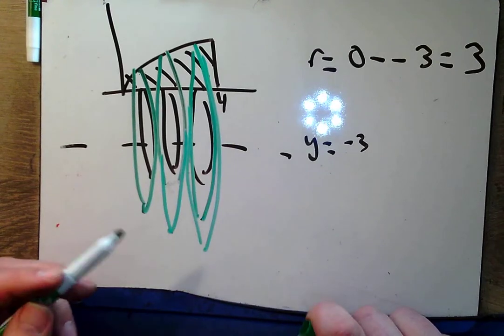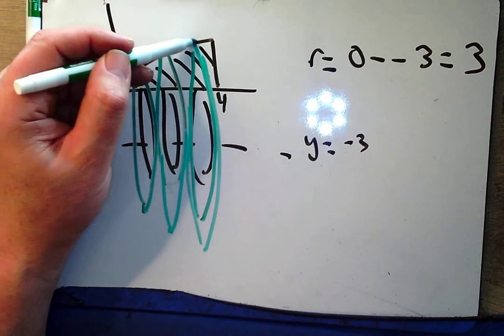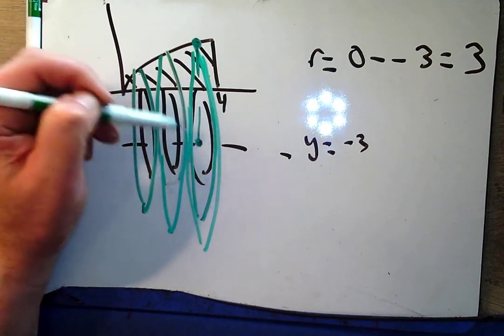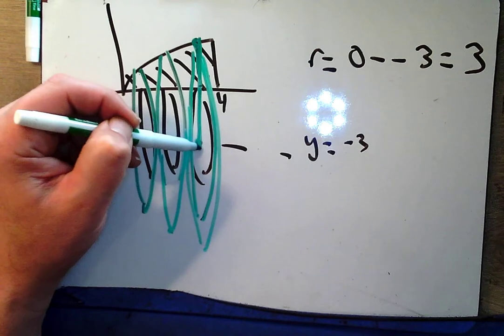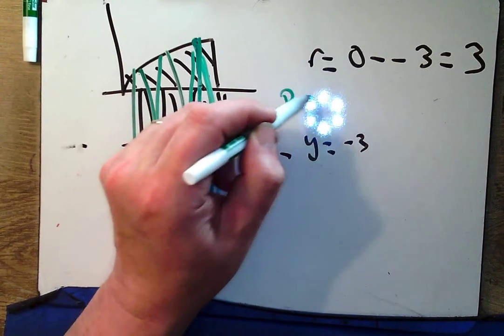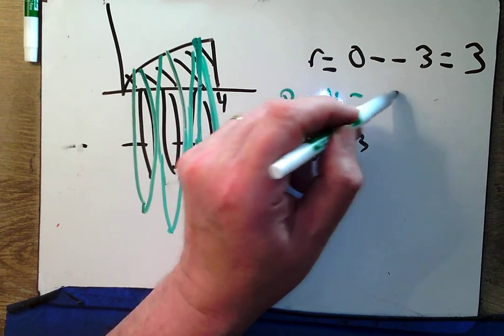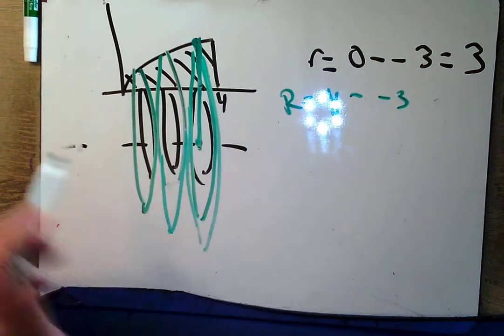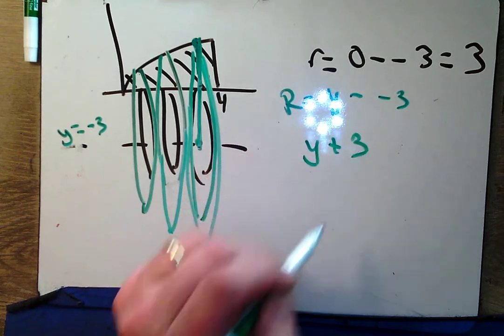Okay, so what can we say about big R? Well, big R goes from here to here. Big R is this y value and this 3. Big R is top minus bottom, which gives us y plus 3.